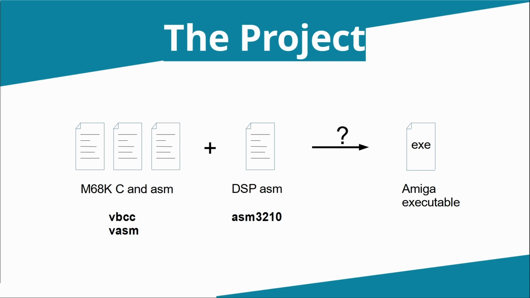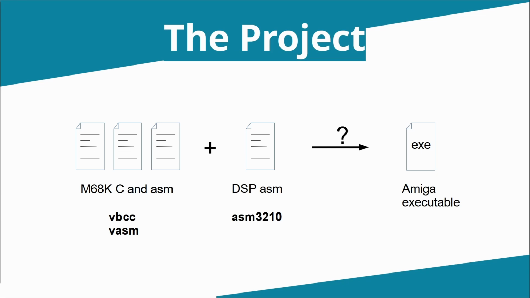Like VBCC and VASM, it runs in Linux type settings. So if you're a Windows user, you can run it, for example, under Cygwin, or you can run it under a native Linux distro. So that solves the issue of assembly, but still doesn't help us with creating that Amiga executable.